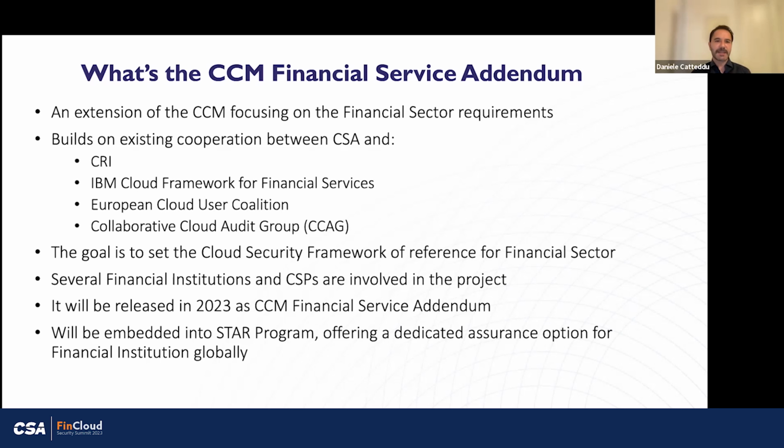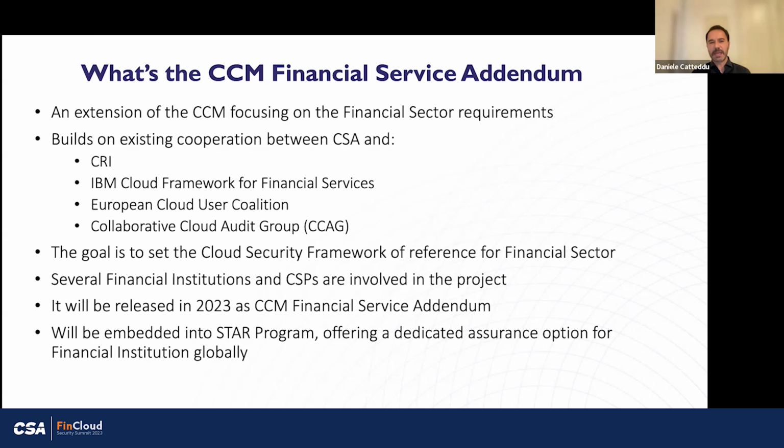And we realized that both these organizations were using the cloud control matrix as a foundation for their approach to cloud. So they decided to join forces with us in order to transfer to us specific additional needs that they want us to layer on top of the existing cloud control matrix, in order to create an additional set of dedicated controls that can fully satisfy the needs of the financial regulators.